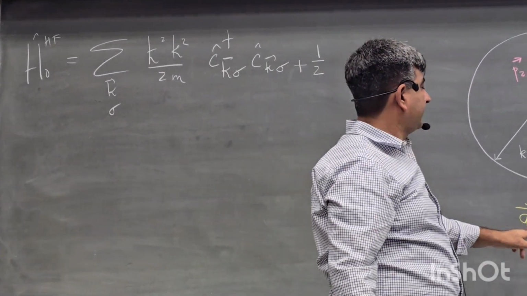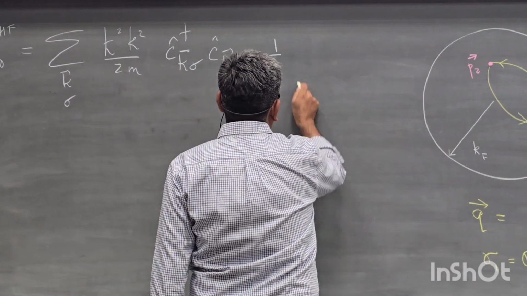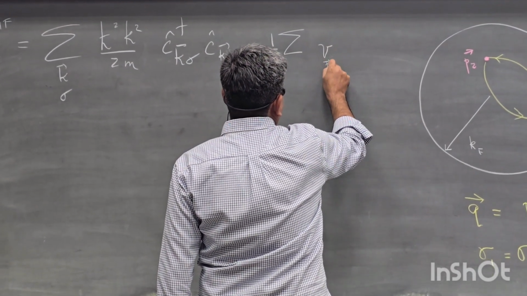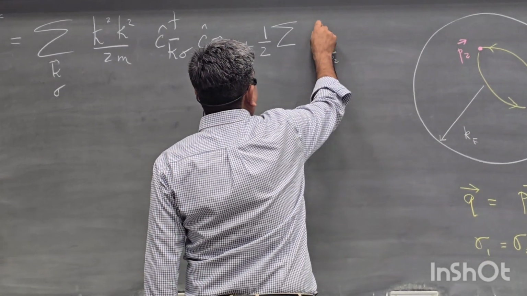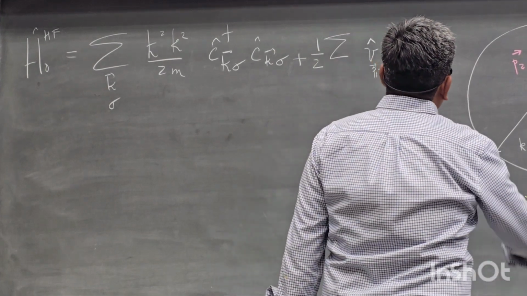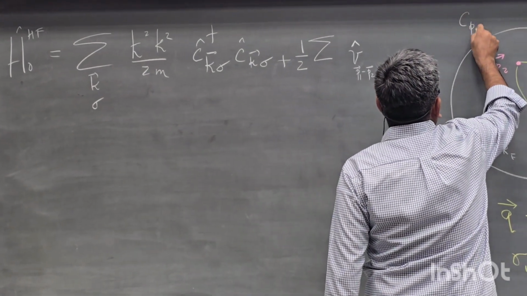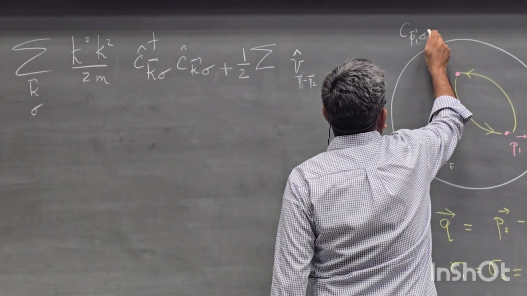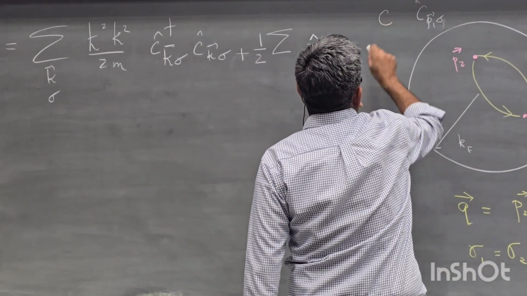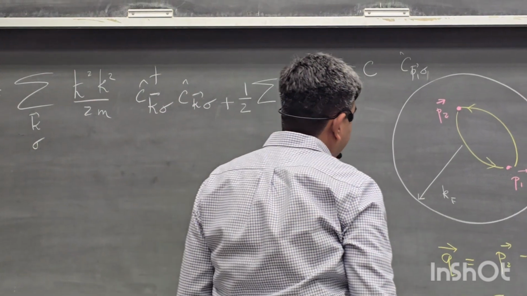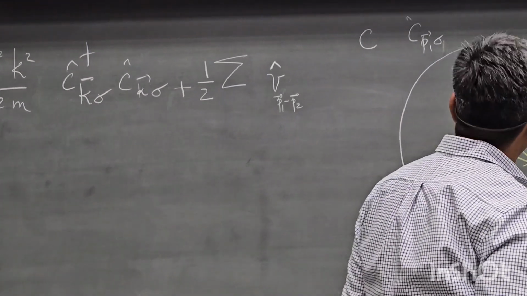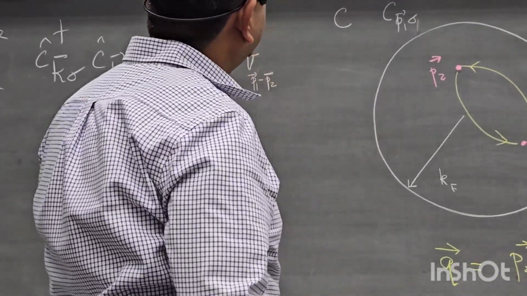Now V_Q is V(P1 minus P2). This is a term in the Fourier transform. C_P1 sigma 1, sigma 1. Let's just call it sigma. The second term is C_P2. Now C_P2 is, P2 becomes P1, correct?